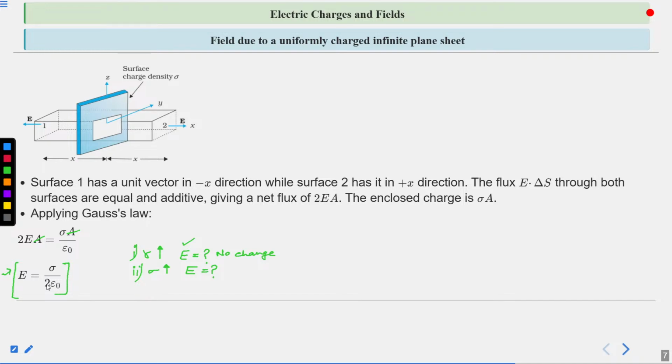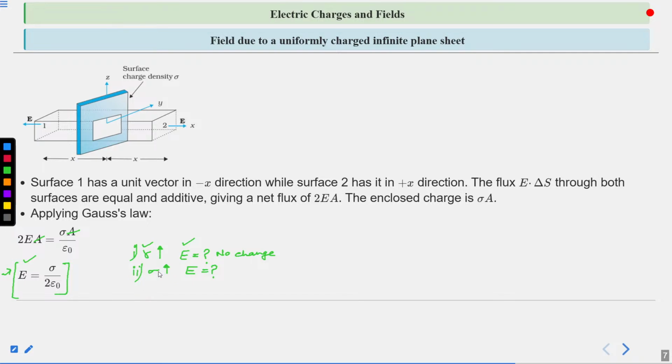Is there any R present here? No, because E is independent of R. It does not depend on R. Clear? So if we increase R, there is no change in E.